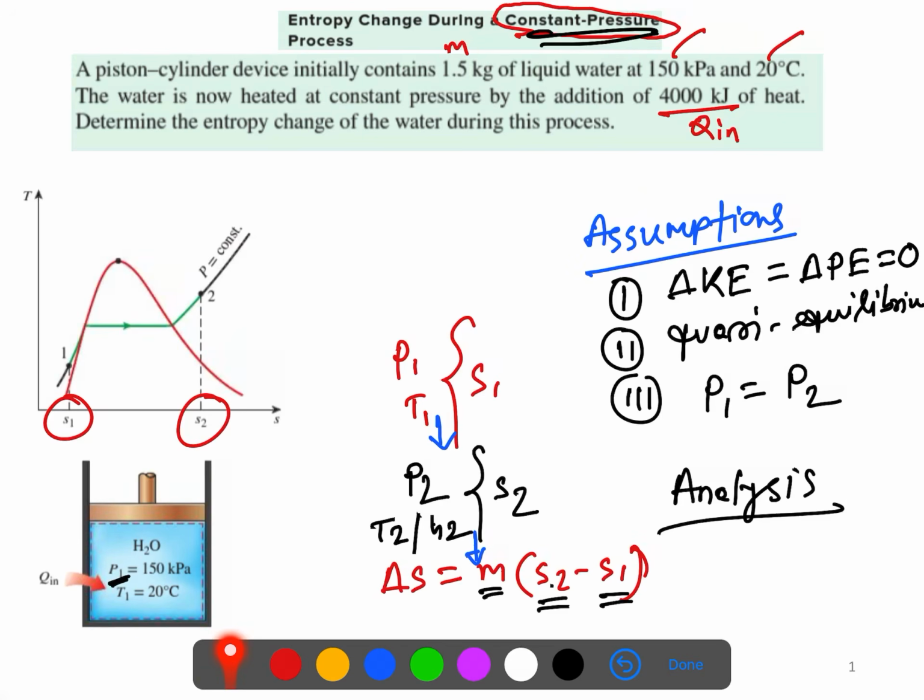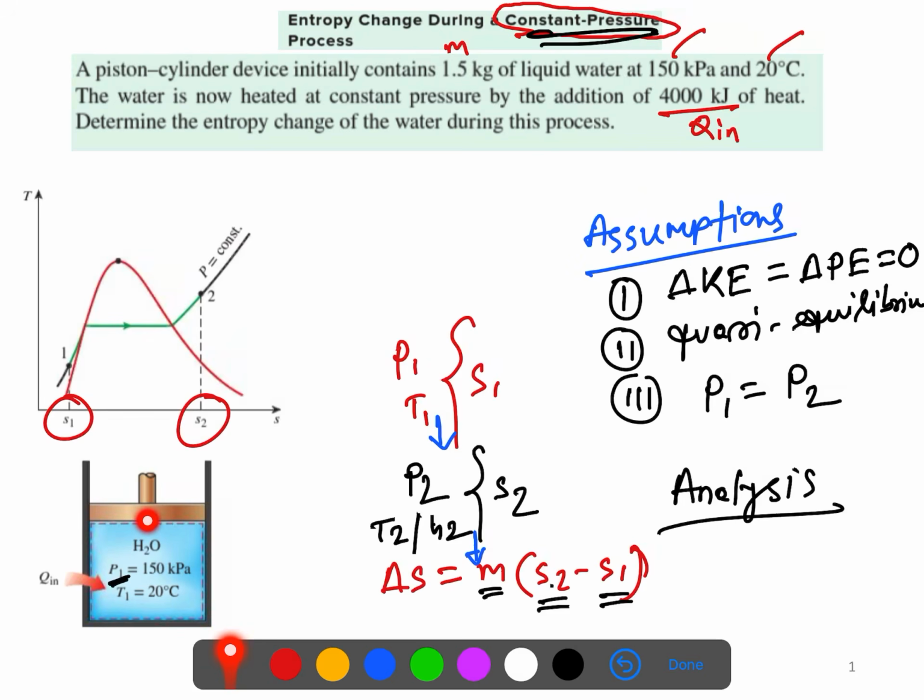And when it is a closed system, we have the piston. This piston cylinder device involves some moving boundary. The piston will move, so we have some boundary work.